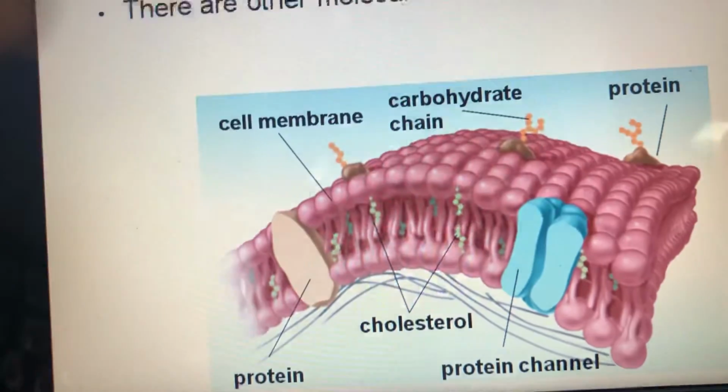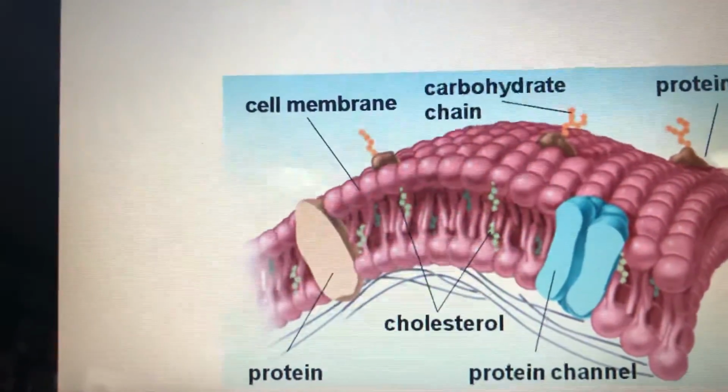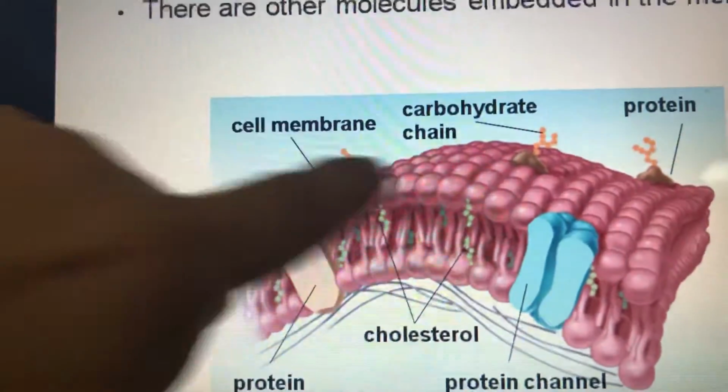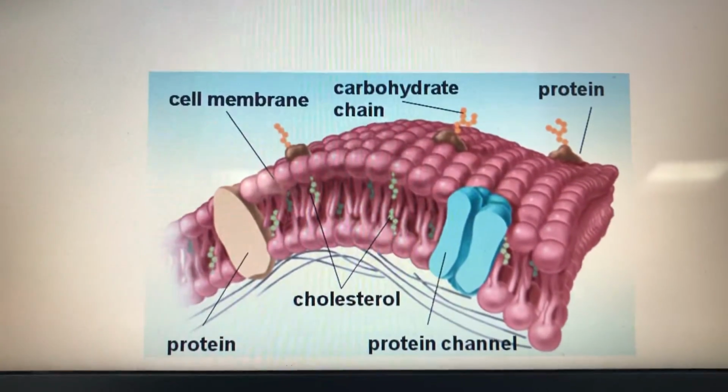Also the cell membrane has carbohydrate chains. They act as signal detectors, like tags to detect signals, and this helps in the communication between cells.